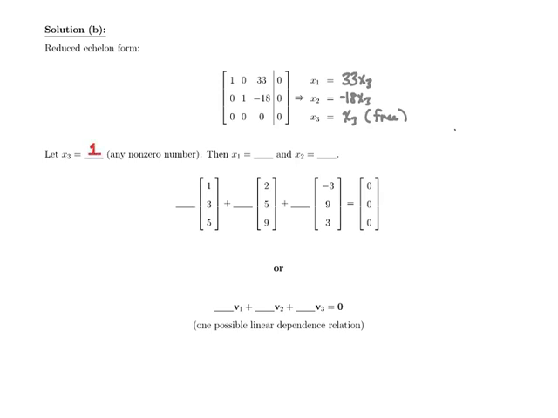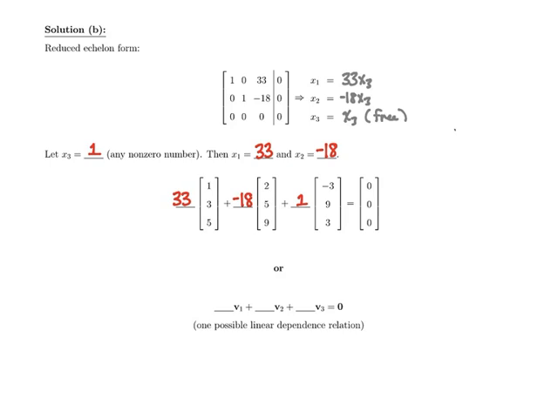Let's let x3 equal 1. If x3 is 1, then x1 is 33, and x2 is negative 18. And what that means is that if I plug in those numbers, 33 for x1, negative 18 for x2, and x3 being 1, that linear dependence relation is true.